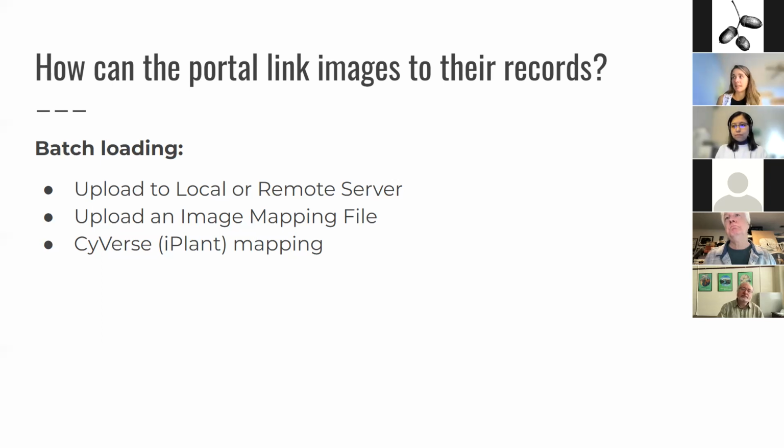And then there is CyVerse mapping. These three are very similar. They're just batch processes of telling the portal, here are the names of all of my images, and here are the URLs that should go to all these images. But they have different ways of creating these batch processes in the portal.